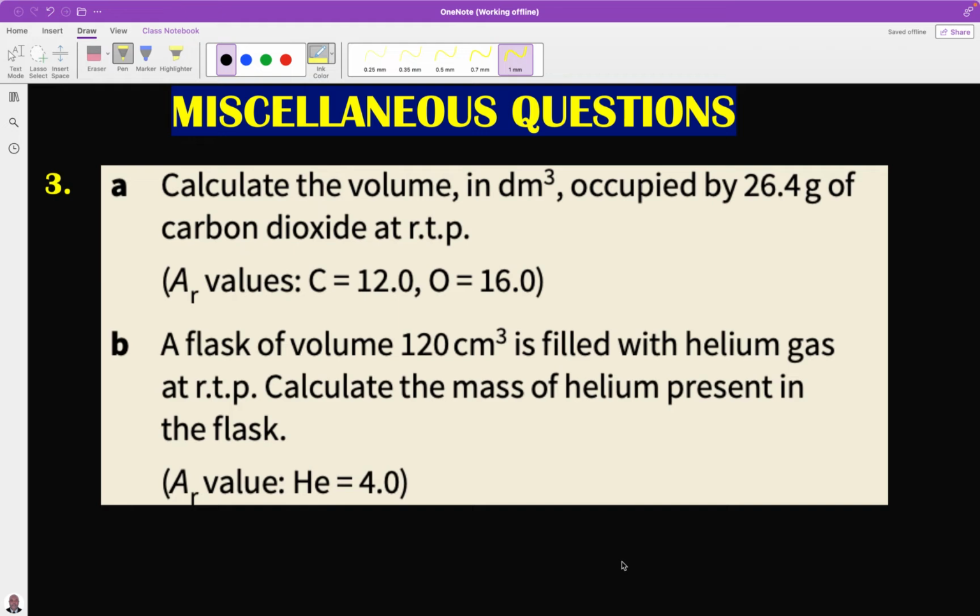So now, going back to our question number 3A, calculate the volume in dm cube.